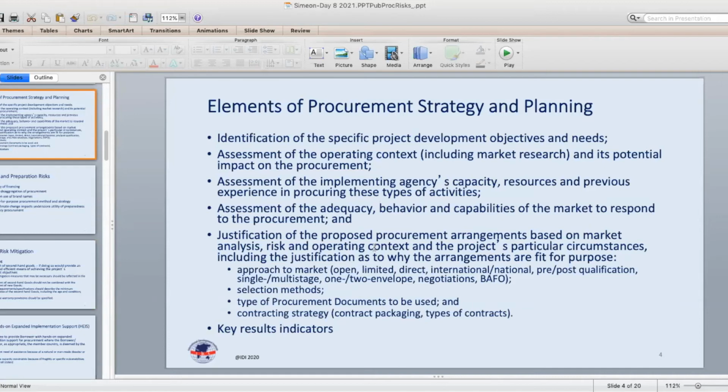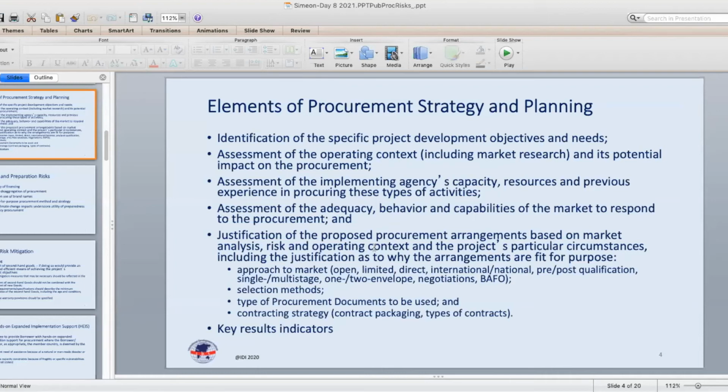So really what we see in the PPSD type of process is information gathering and evaluation on the context in which the procurement is to be carried out, so that specific decisions in the preparation and planning of procurement, such as the determination of the qualification requirements, the identification of the pool of potentially interested bidders, the choice of the selection method, even the choice of the contract form.